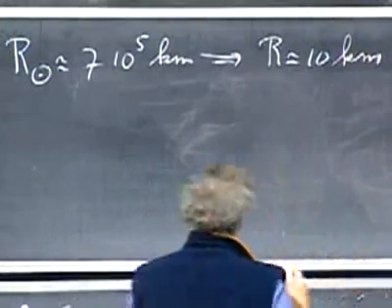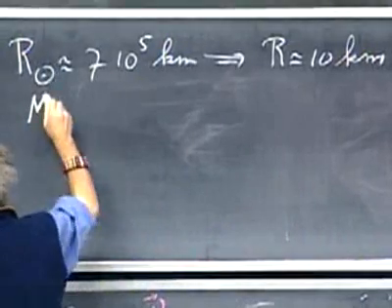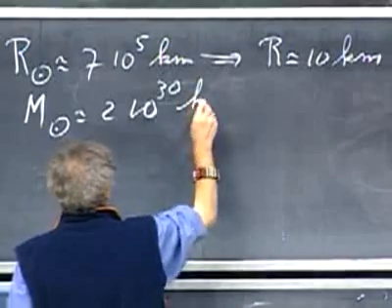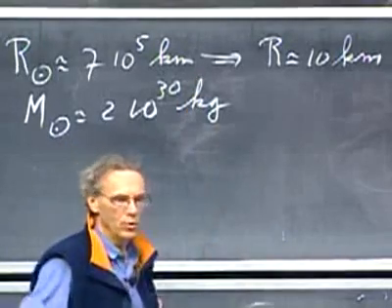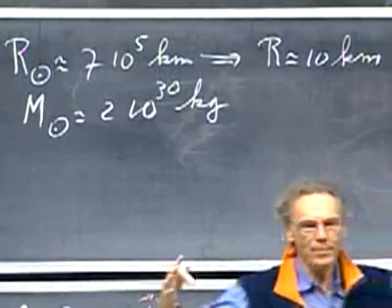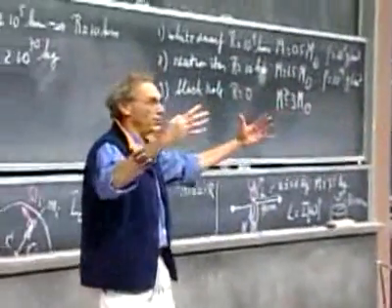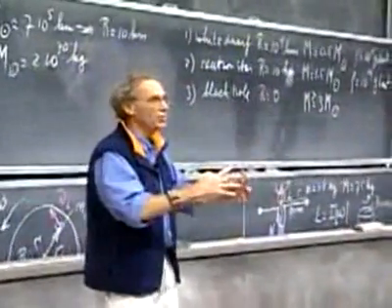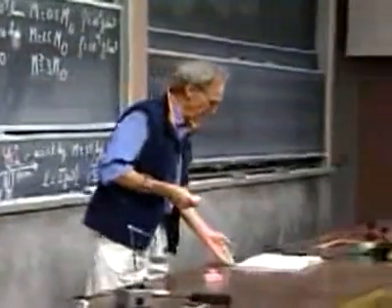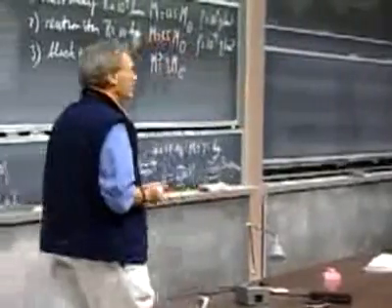The mass of the sun is 2 times 10 to the 30 kilograms. For those of you who are good at math, you can calculate, when you collapse this object without losing any mass, but you shrink it to 10 kilometers, how much gravitational potential energy is released. That is a staggering number.